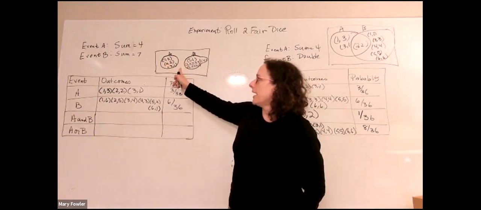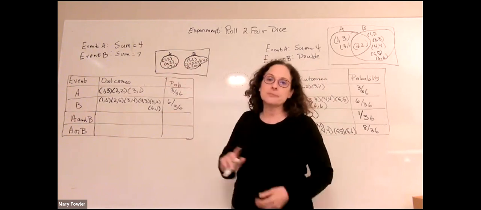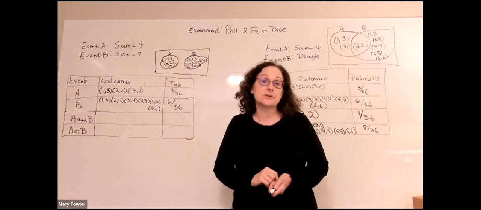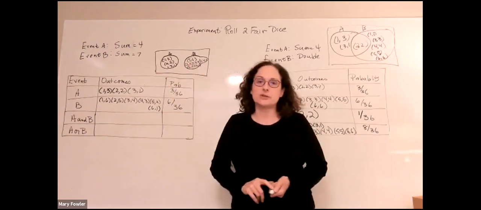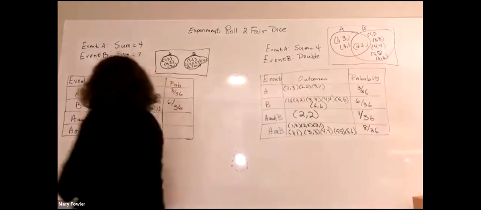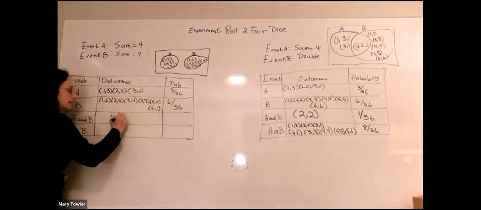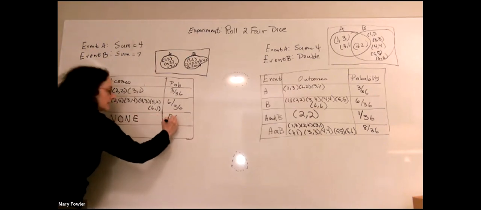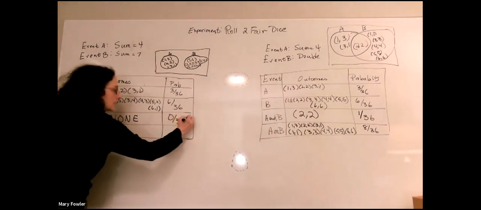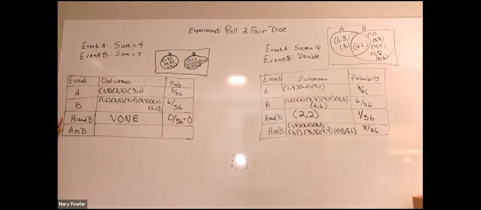Are there any outcomes in our sample space of size 36 where the sum is equal to 4 and the sum is equal to 7? No. I can't list any. A and B includes no outcomes, so it's 0 over 36. The probability of A and B is 0.